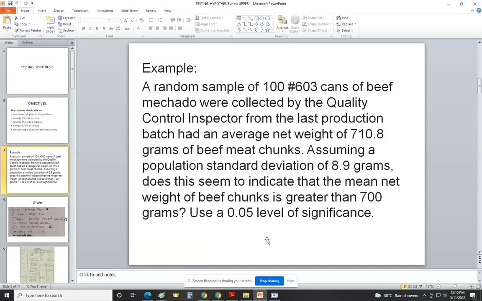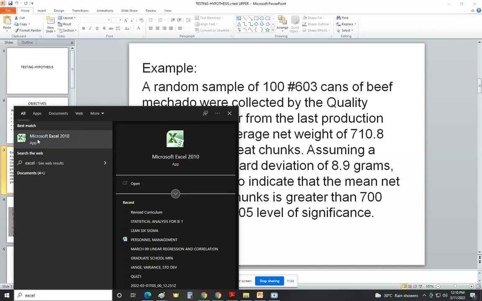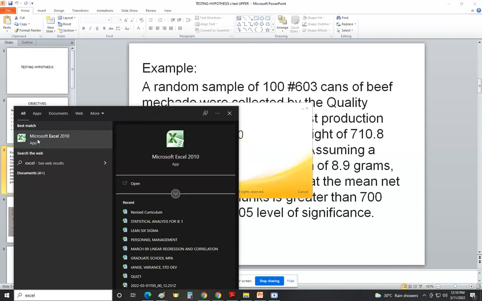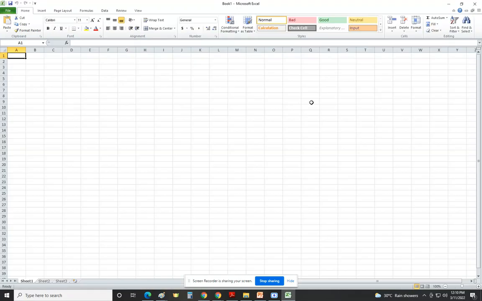So you're assigned to gather data para ma-check mo kung tama pa ba yung laman ng inyong product, no? So kumuha ka ng random sample na 100 na cans. You'll open an Excel. Okay, the first question, sir, paano ba ito ginagawa itong sampling, no?